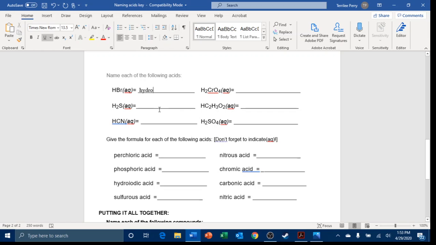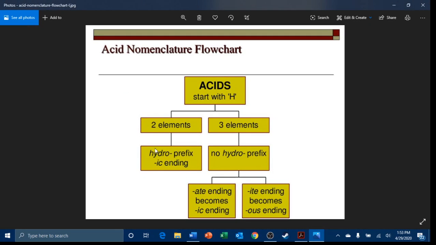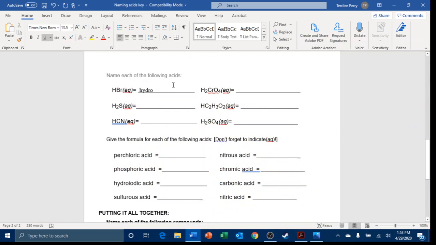Okay, so you have on your chart 2 elements is going to be hydro and the other element an ic. Okay, so we're going to say hydrobromic acid.